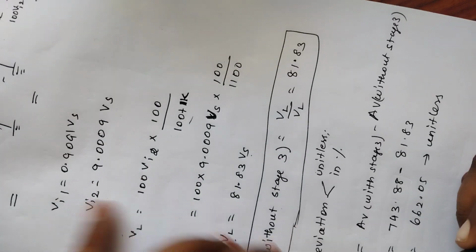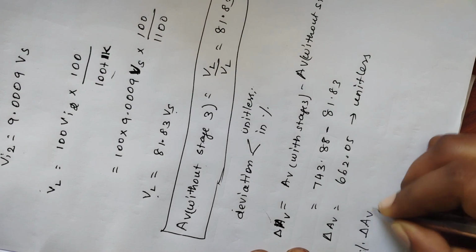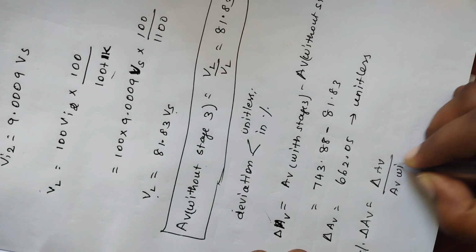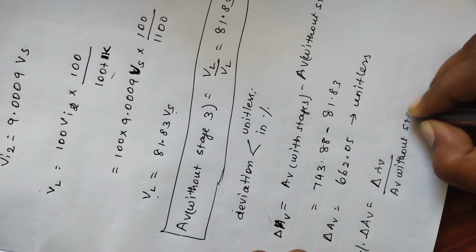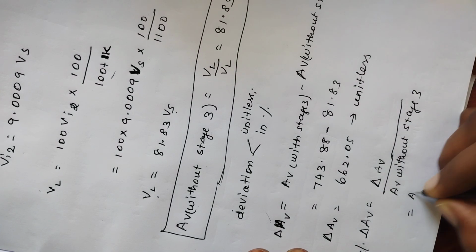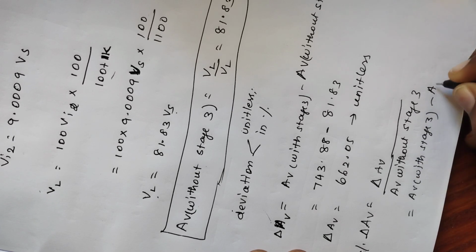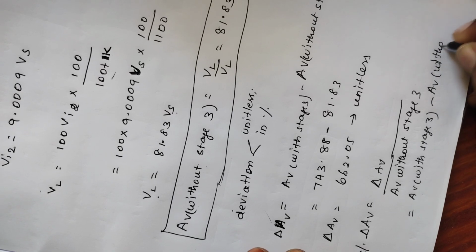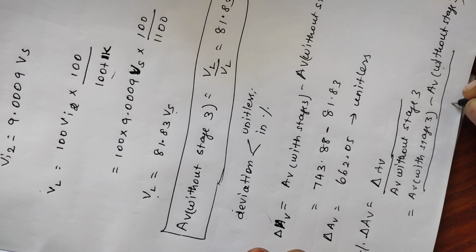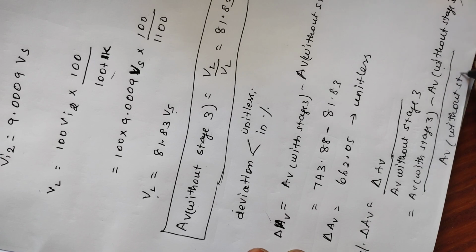If you are going with percentage comparison, percentage del AV we can find as del AV divided by AV without stage 3, which is nothing but the formula AV with stage 3 minus AV without stage 3 divided by AV without stage 3.